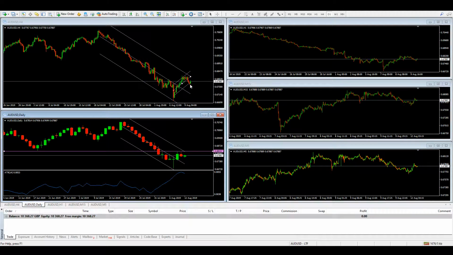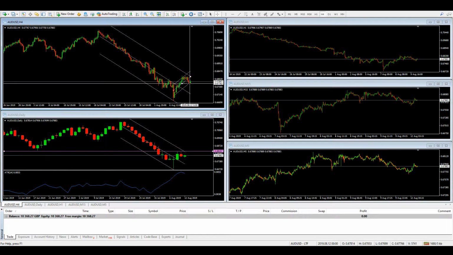We've had a reversal candle off of the standard deviation channel lower edge, and there's kind of support as well that's reversed off of. So that isn't great in terms of considering a short.